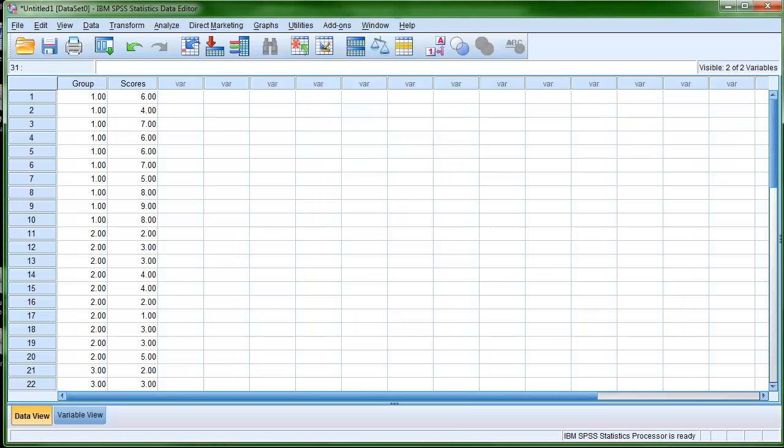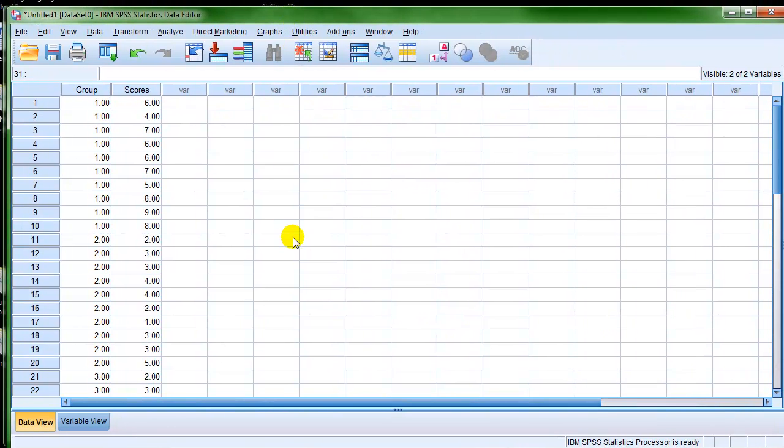So let's go to the data. Okay, you're going to set this up almost exactly like you did the independent sample t-test. You need a grouping variable, and you need a column with the scores of the participants.